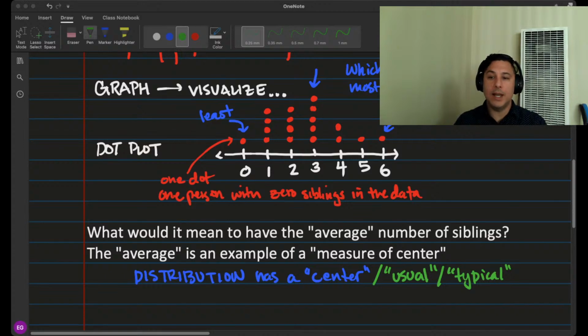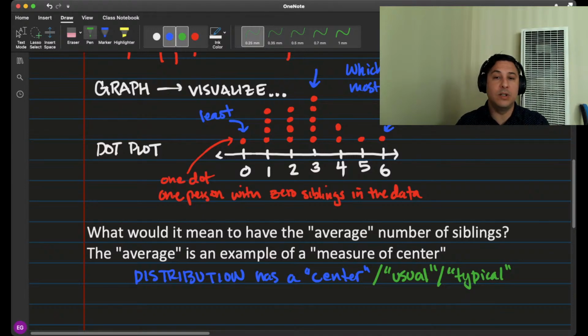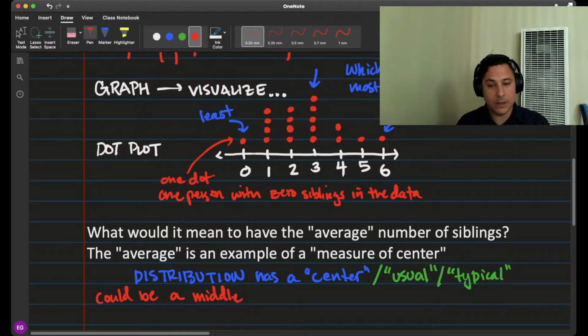So how do you look at all of these numbers and decide, hey, what's typical? There's a lot of different ways to do that. So you could say that the center or the typical value could be the one in the middle. So the center could be a middle value. It could be the value which occurs the most, or something else even.